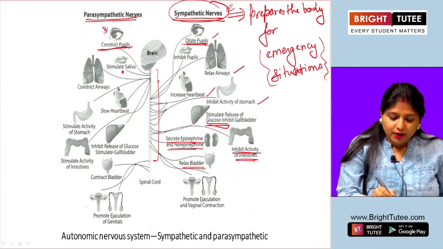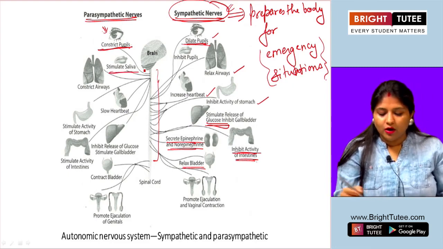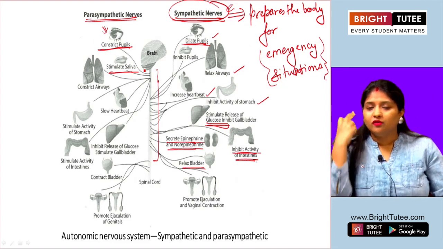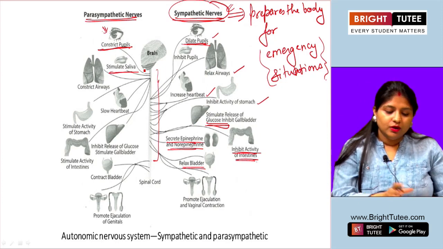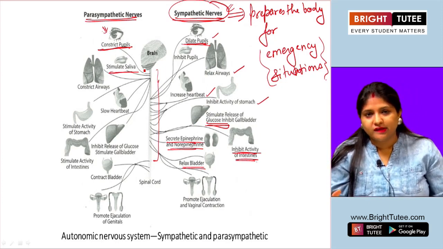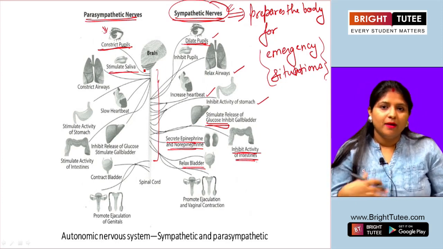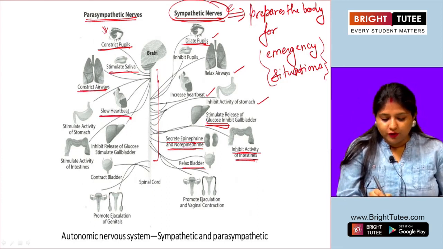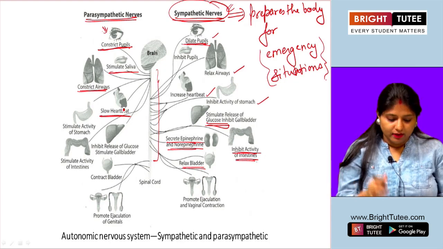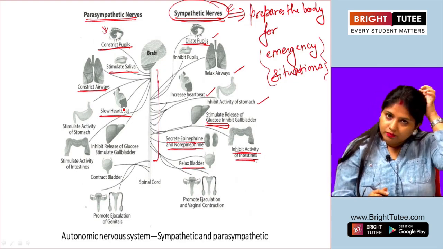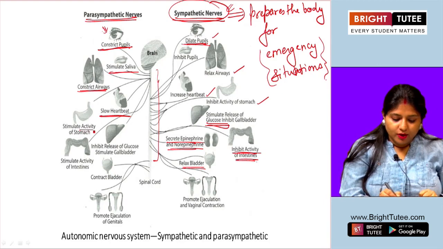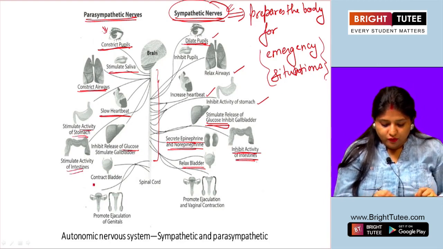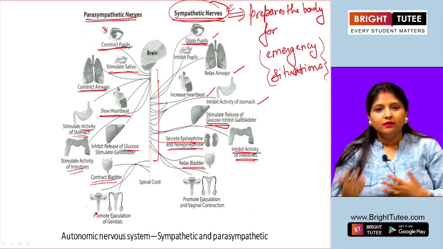Then it will stimulate the saliva. Now the sympathetic system actually inhibits the saliva, that means your mouth starts becoming dry. But as soon as the emergency situation is dealt with, the body will come back to its relaxed stage, constrict the airways, slow the heartbeat towards the normal heartbeat. It stimulates the activity of stomach and intestine, inhibits the release of glucose, contracts the bladder, and so on and so forth.